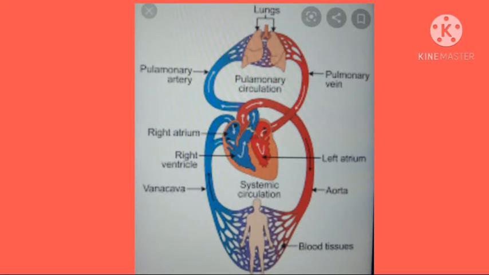The atrioventricular valves close with a sound when the ventricles are full. At the same time, the semilunar valves open and the right ventricle begins to contract, and the deoxygenated blood is pushed into the pulmonary artery, which transports this blood to the lungs for oxygenation.